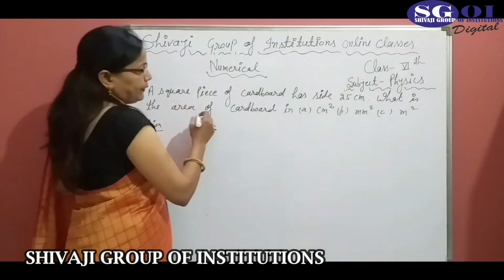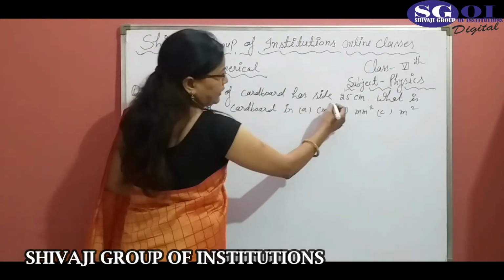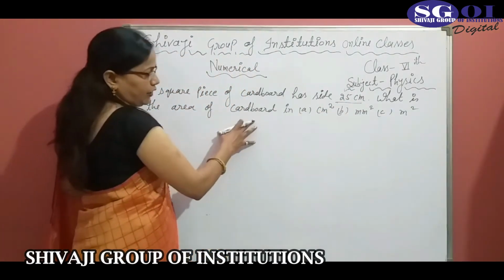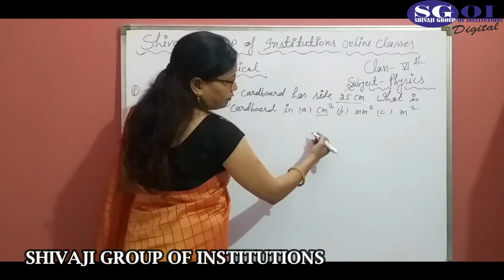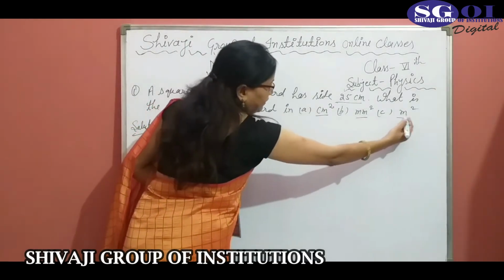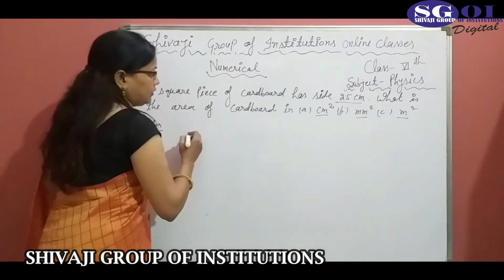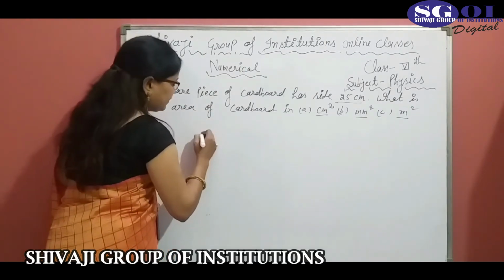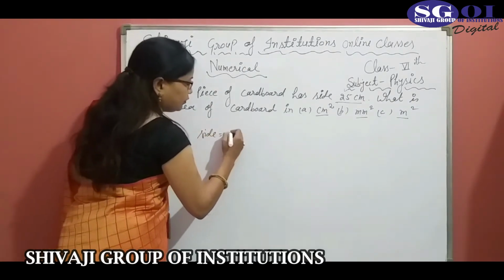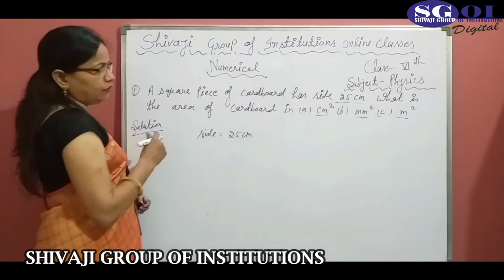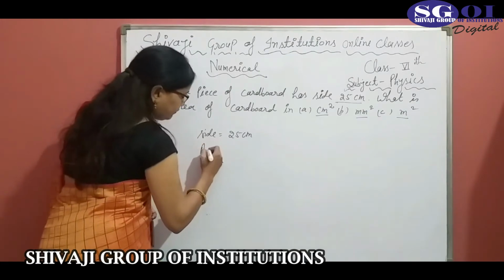A square piece of cardboard has side 25 centimeter. What is the area of cardboard in centimeter square, millimeter square and meter square? Student, in this question, the side of cardboard is 25 centimeter and we have to find out area of cardboard.